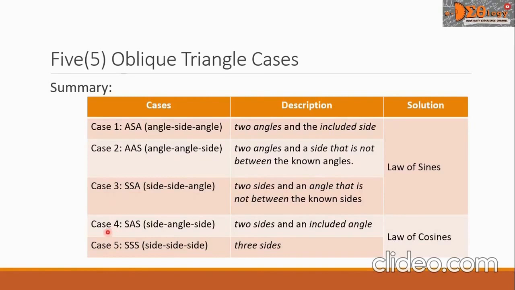Case 4 is SAS, where two sides and an included angle are given. Case 5 is SSS, where three sides are given. For the solution, the first three cases can be solved by the law of sines, while cases 4 and 5 can be solved by law of cosines.